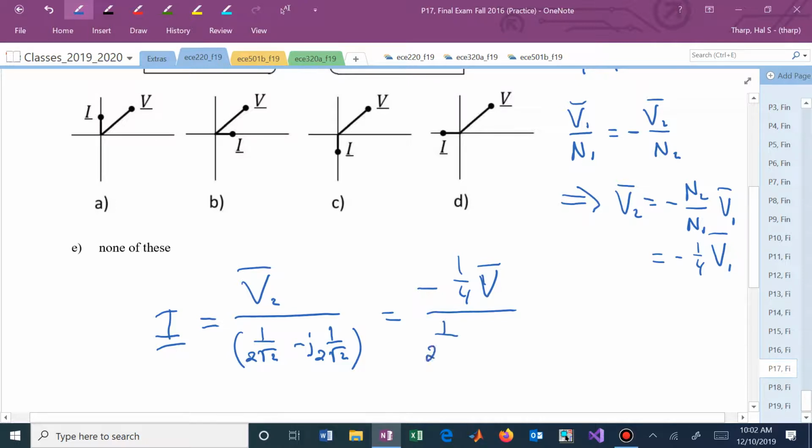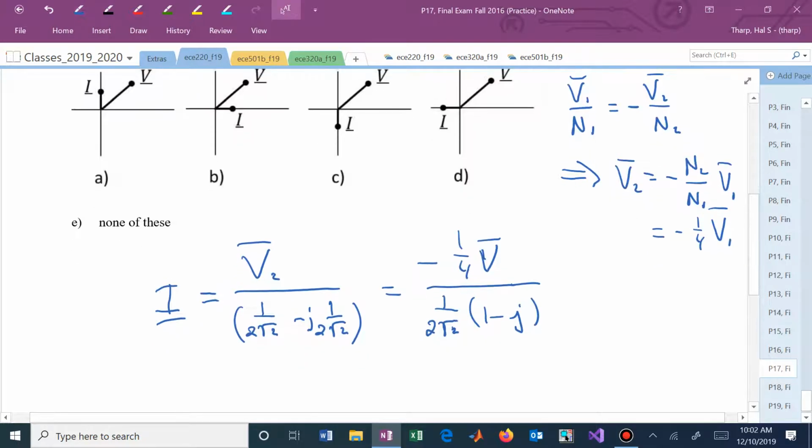Let me just factor out the common factor. And now I have a 1 minus J. And how can I write this in polar form? I go over 1 and down 1, so I'm going the same distance over as down.